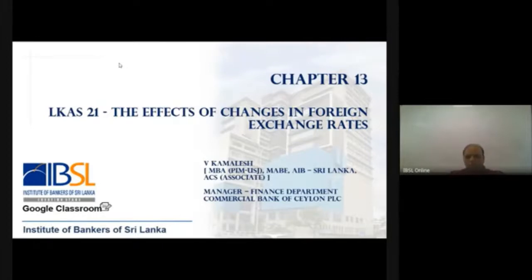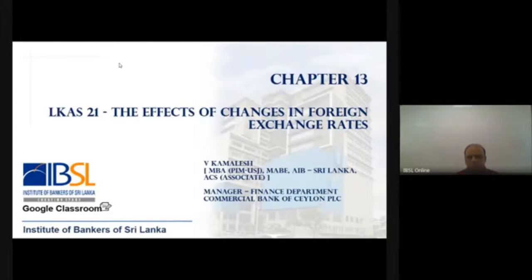So what we have to do is convert all the other currencies into one currency. So if you are going to present your financial statements in dollars, then you have to convert all the other currencies into dollars. Now that is applicable to countries like the US, because their base currency is dollars.